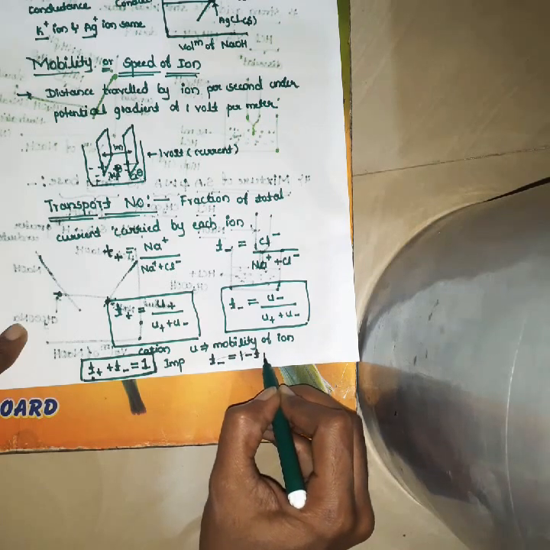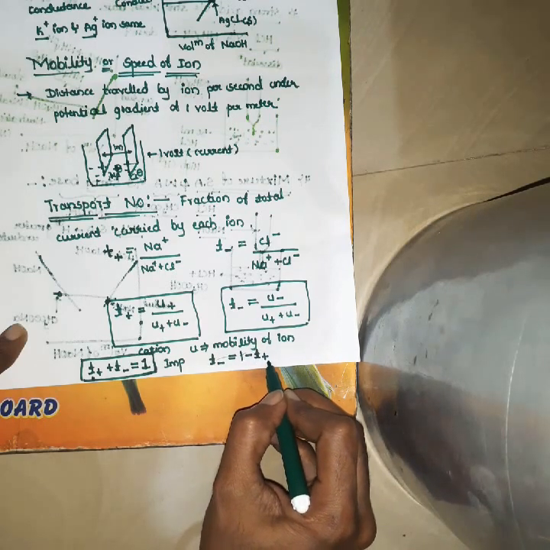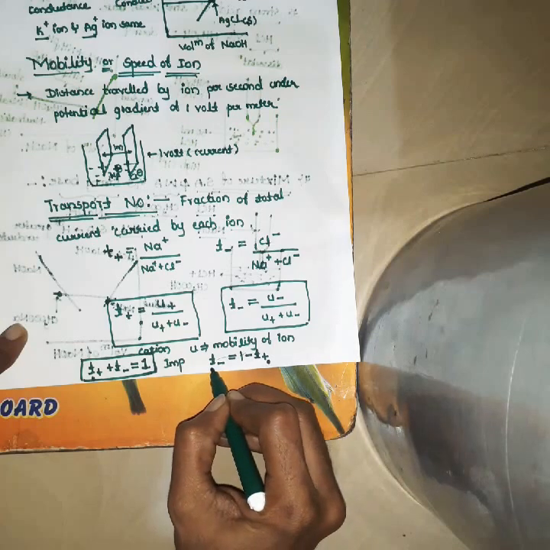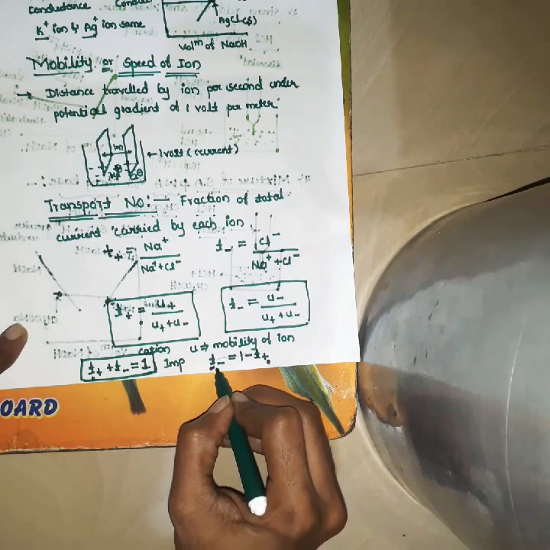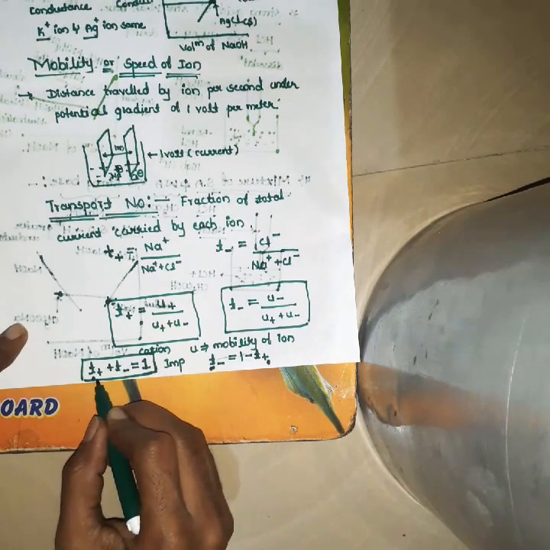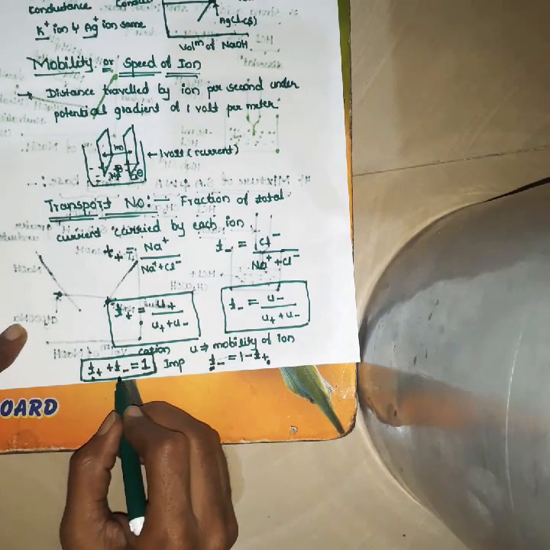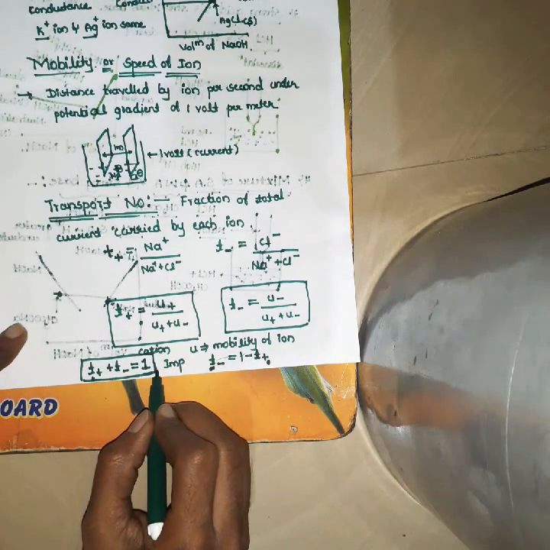This is a very important expression. If we know the transport number of the cation, we can easily calculate the transport number of the anion using this expression: T minus is equal to 1 minus T plus, that is, T plus plus T minus equals 1.